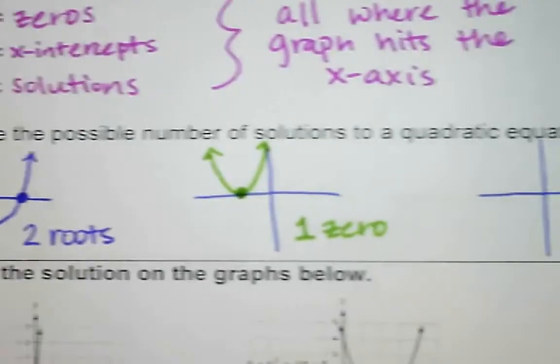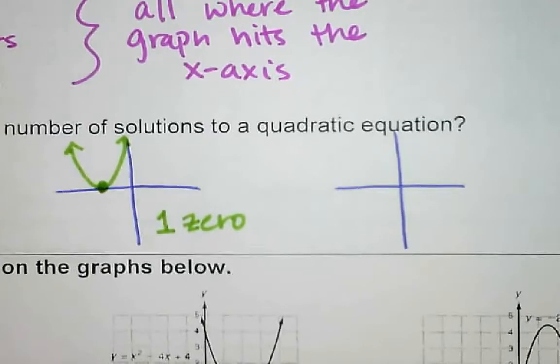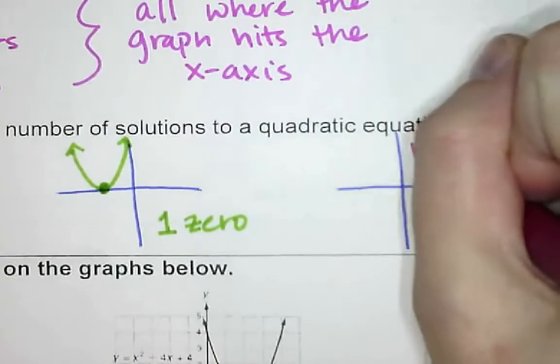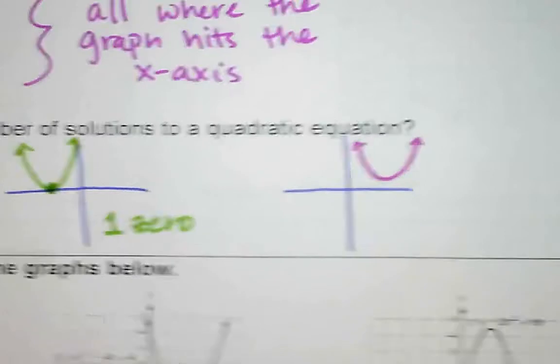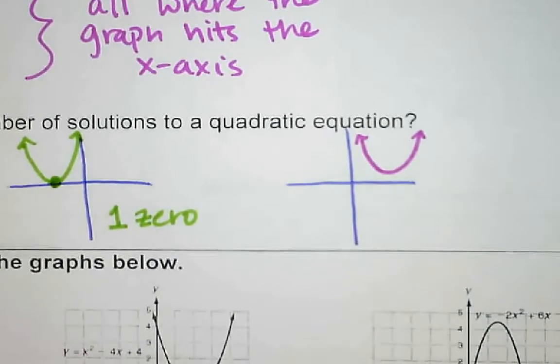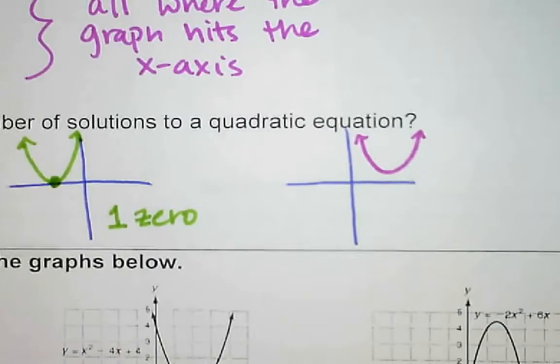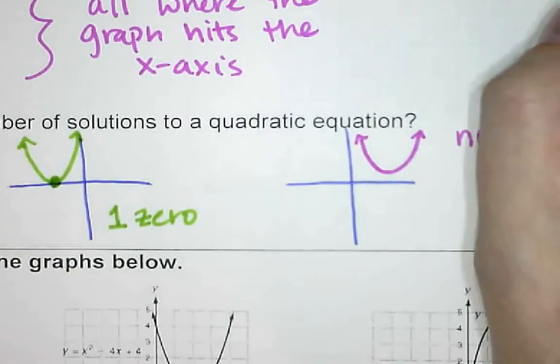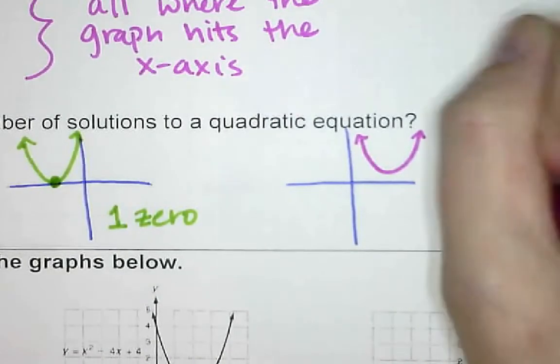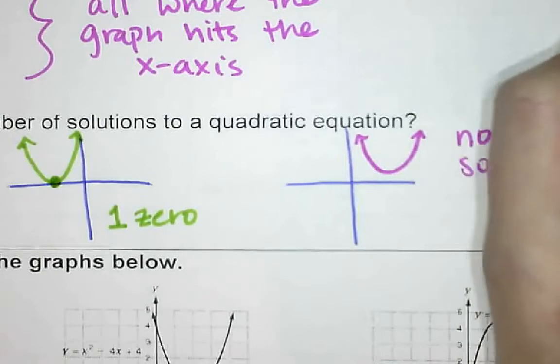And then there are also some very lovely special circumstances where you have a graph and it never crosses the x-axis. So how many solutions do we have when that happens? Let me amend this. It is not no solutions. It is no real solutions.